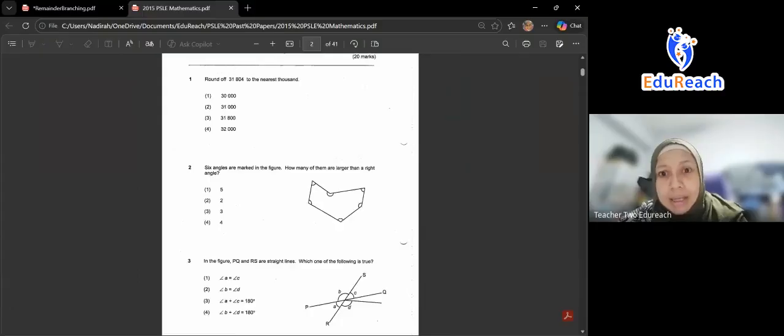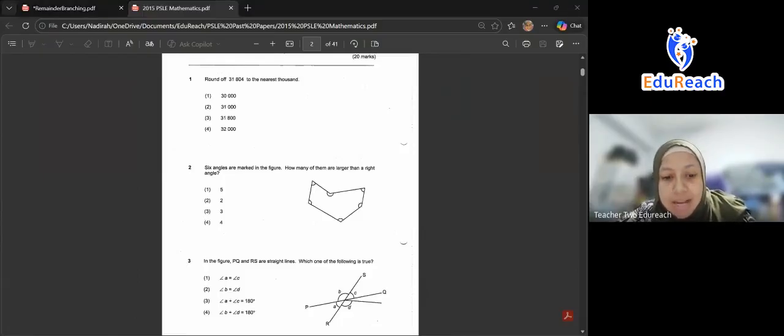Usually by May, around there, you can start doing PSLE paper already. So that's why I want to give you an early start and we begin doing the booklet A first, the easier ones. All right, everybody can see the 3 questions on the screen, right?